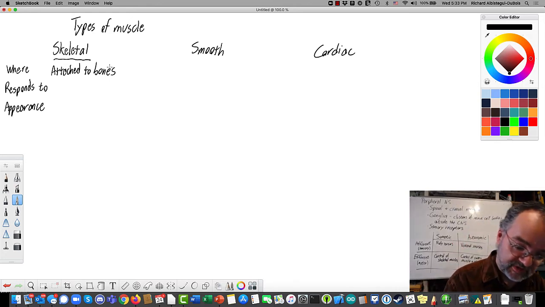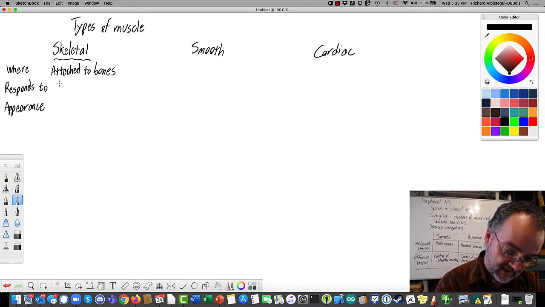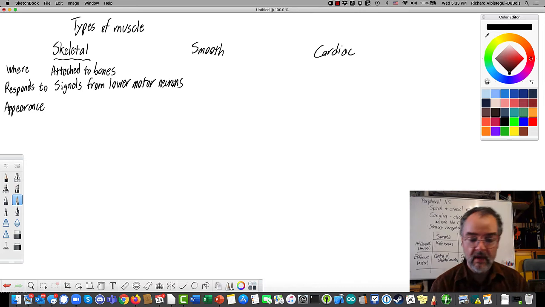In terms of what it responds to, skeletal muscle responds really to only one thing, and that is signals from lower motor neurons. Skeletal muscle does not really contract in response to hormonal changes or really any other kind of signal except signals from lower motor neurons.